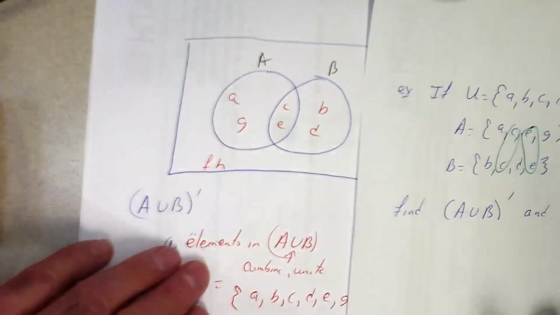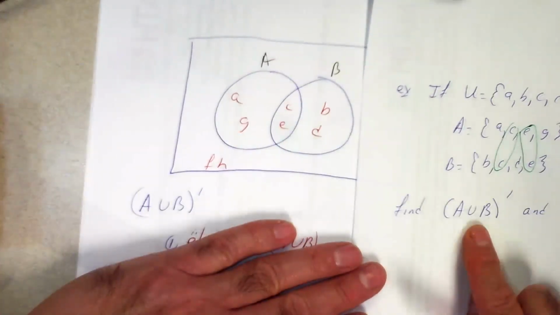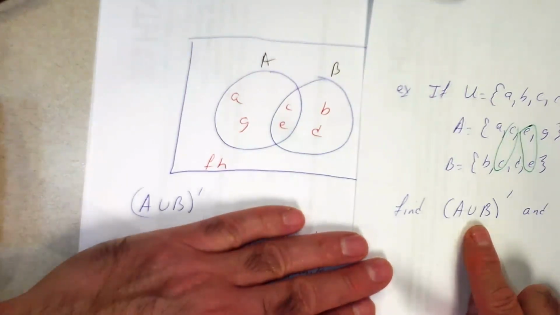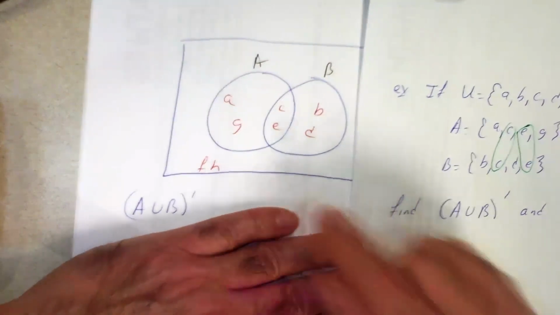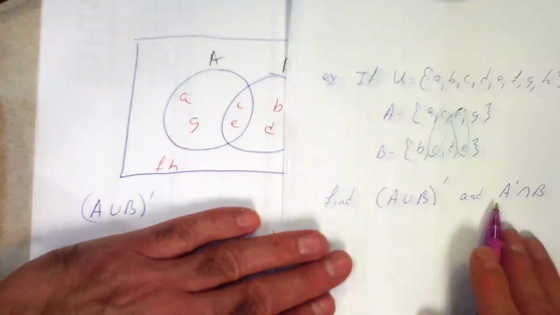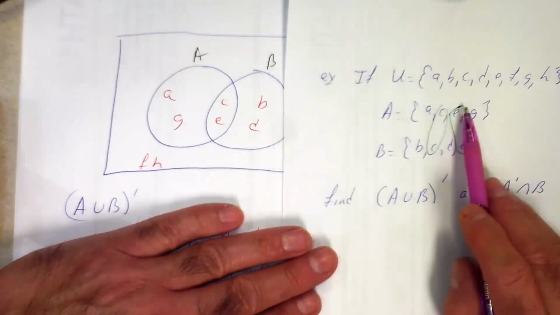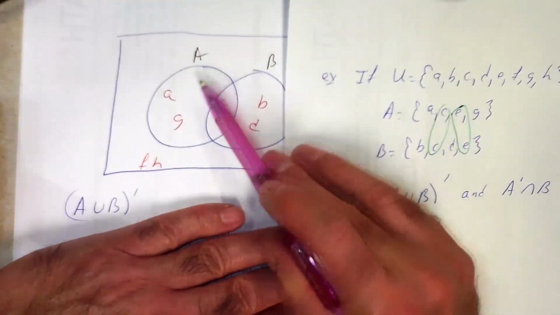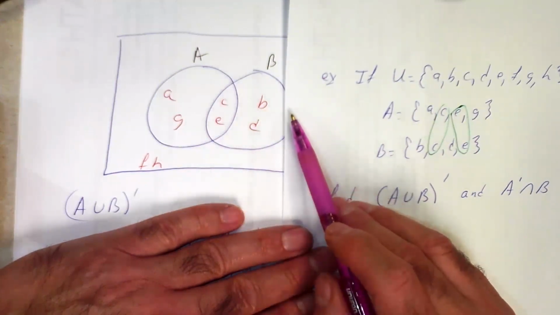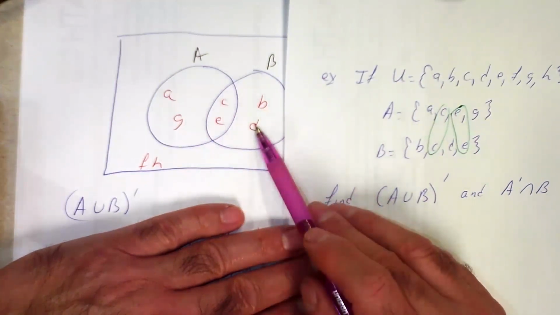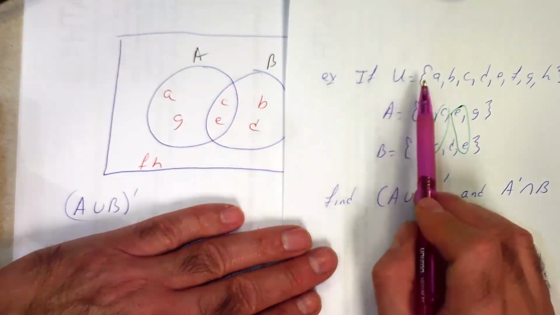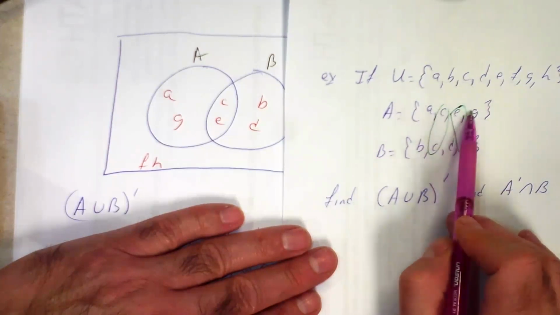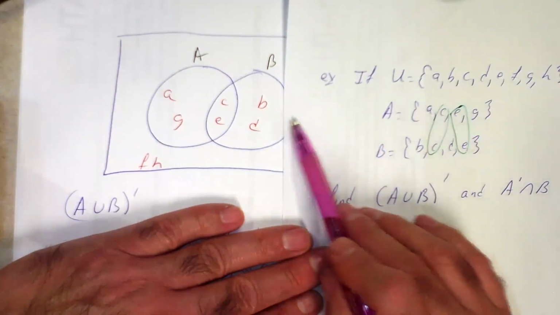And they want us to find A union B complement. Oh, I forgot the F and the H, right? If I go back to my universal set, A is A, C, E, G, B is B, C, D, E, and my universal set has all these elements. These letters are in the circles, but what's missing?